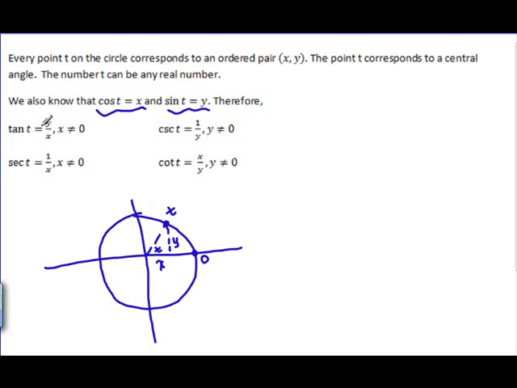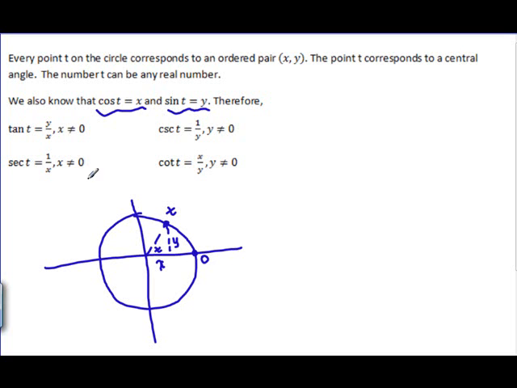So tangent T is y over x, cosecant is the reciprocal of sine, so that would be 1 over y, secant is the reciprocal of cosine, 1 over x, and cotangent would be the reciprocal of tangent, which is x over y. And notice we have the restrictions that we can't divide by 0, and we'll talk more about that in later sections when we get into the domain of those functions. But this is how we use the unit circle to define the trig functions.